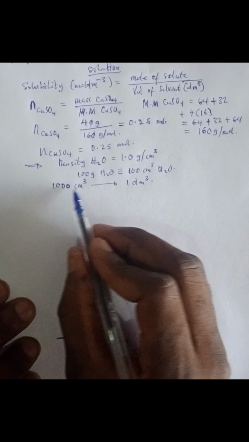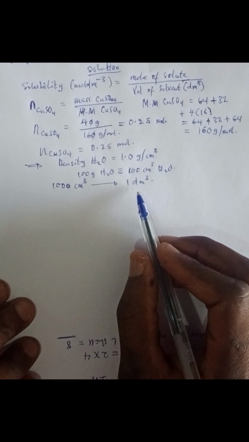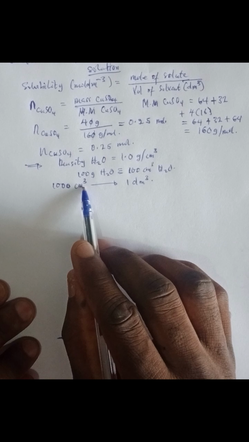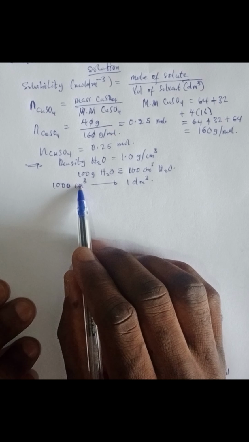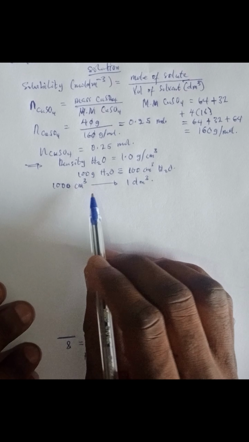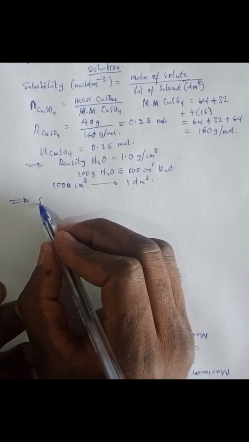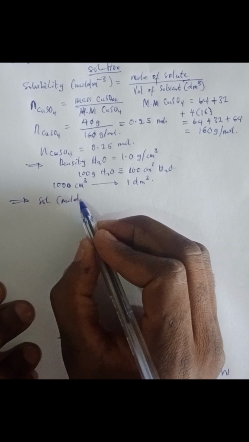Which means if you want to convert a volume in centimeter cube to dm cube, you divide that volume in centimeter cube by 1000.